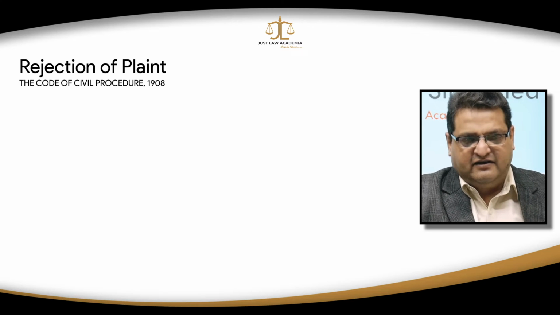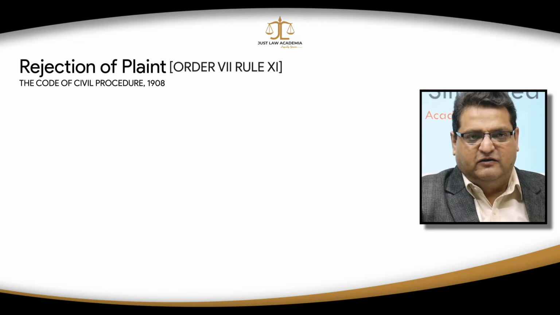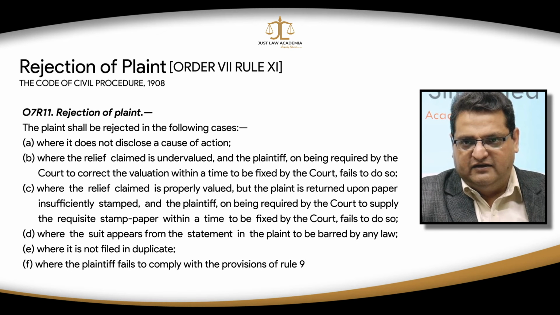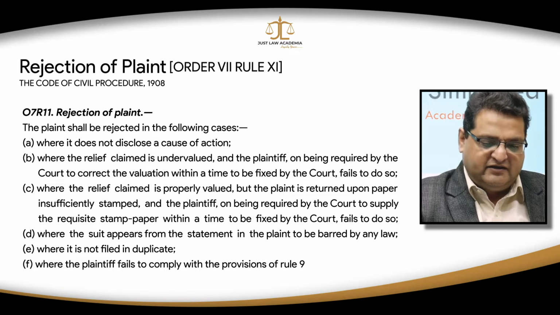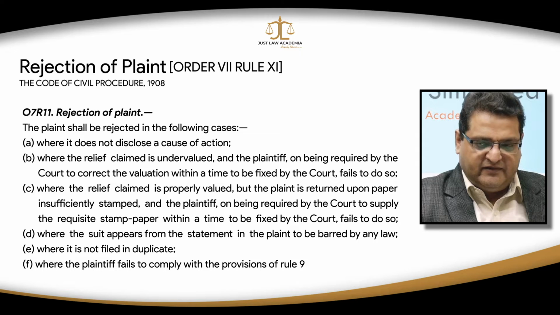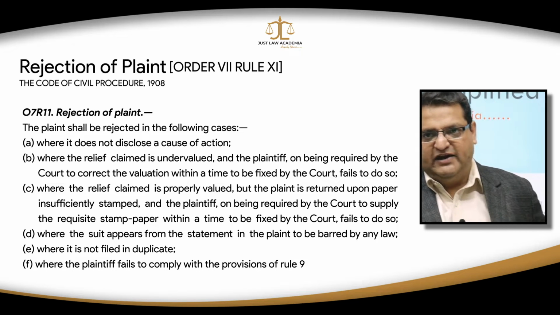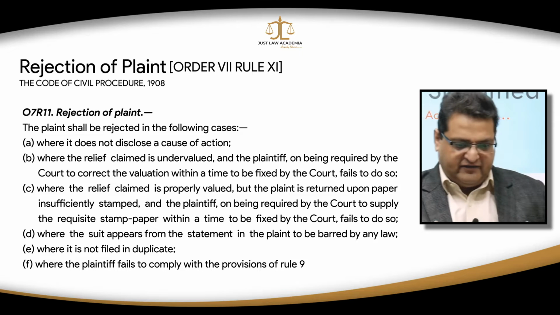See, there are certain grounds provided under Order 7 Rule 11 wherein if the requisite conditions are not met, the court at the outset, at the very threshold, can reject the plaint. Now, rejection of plaint and dismissal of suit are two different things.